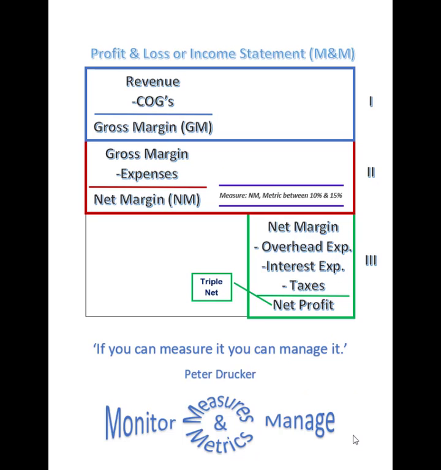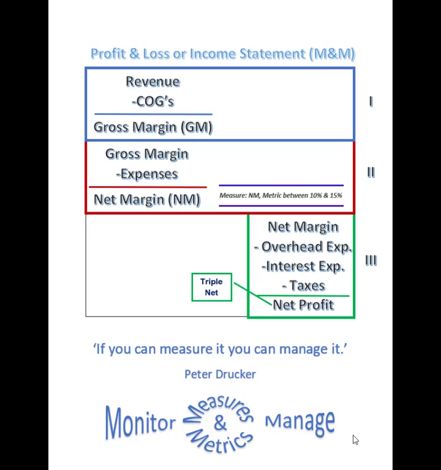The P&L is also an excellent management tool, a reporting document that helps management essentially control the corporation. By monitoring the appropriate measures on the P&L and their associated metrics, the company can manage change. The company can ascertain if it is succeeding, if it is performing as it had expected.